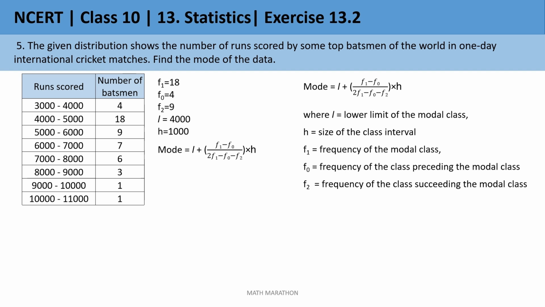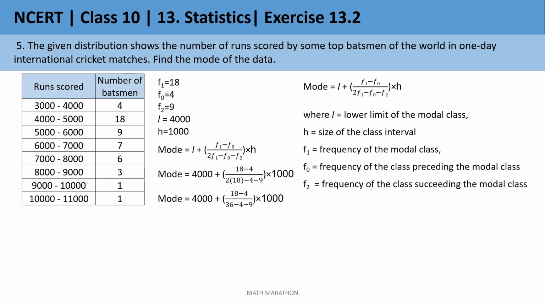Formula to calculate mode is L plus F1 minus F0 divided by twice of F1 minus F0 minus F2 multiplied by H. Mode is equal to L, which is 4000, plus F1, which is 18, minus F0, which is 4, divided by twice of F1, which is 18, minus F0, which is 4, minus F2, which is 9, multiplied by H, which is 1000.